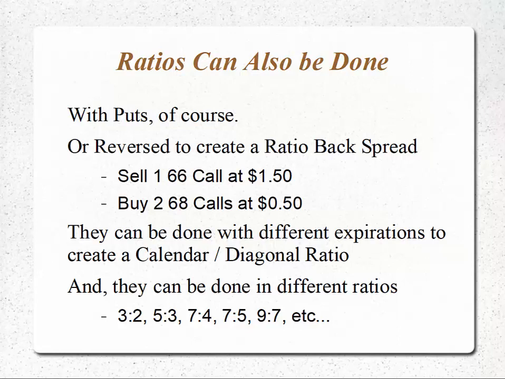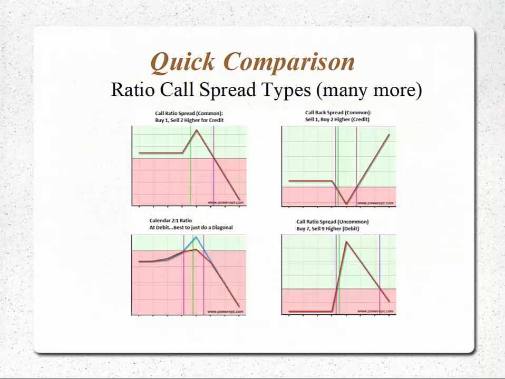You can do ratios with different expirations to create a calendar or diagonal ratio, and they can be done in very different ratios: 3:2, 5:3, 7:4, 7:5, and more. So there's a lot of variations that can be used.